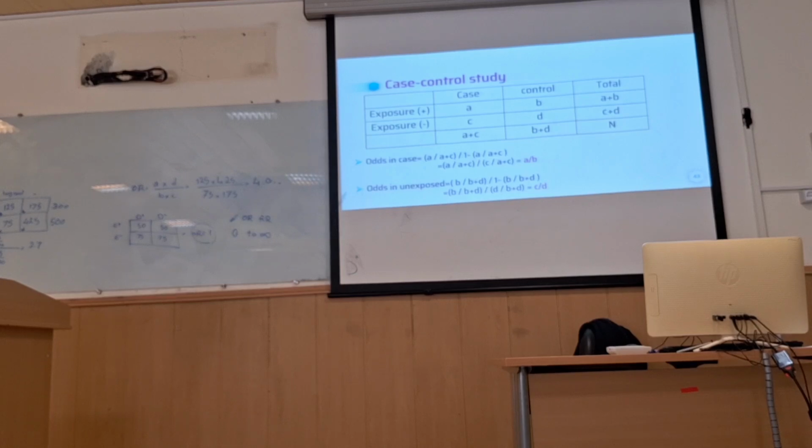The odds in exposed is A divided by B, and in unexposed C divided by D. It means it doesn't matter whether your design is case control or cohort.